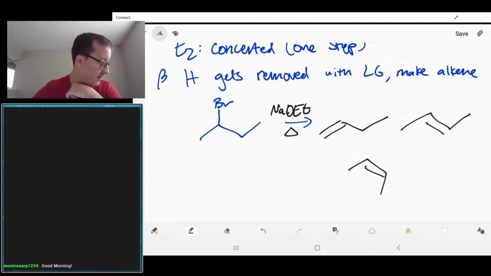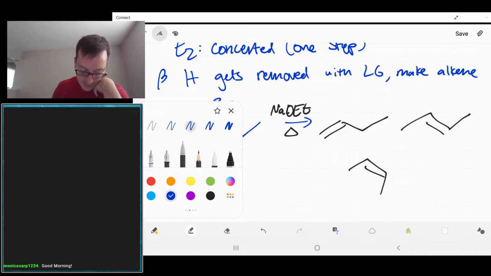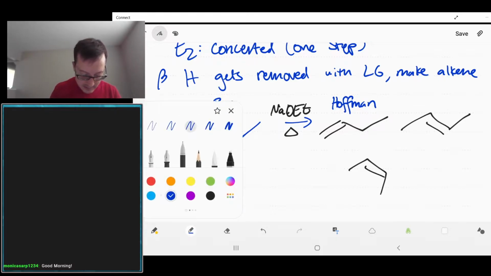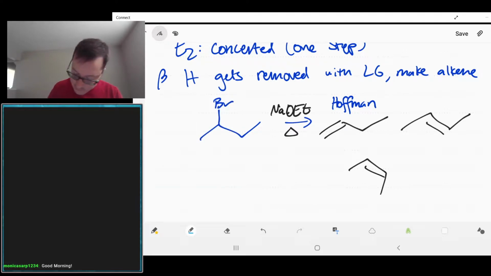And note in this case, we also have some stereoisomerism. We have a cis alkene and a trans alkene that can be made. This is our Hofmann here. Probably in this case will be our least common product. We're going to have our trans Zaitsev and our cis Zaitsev.